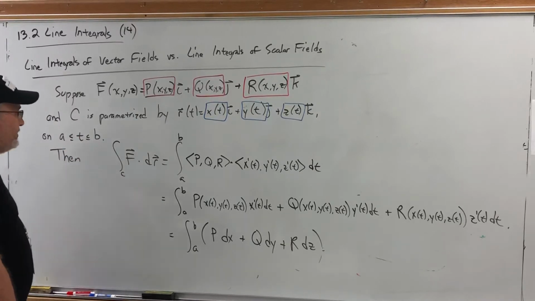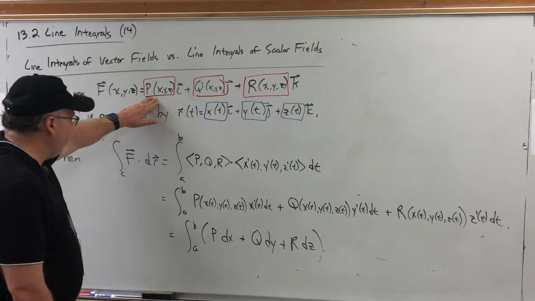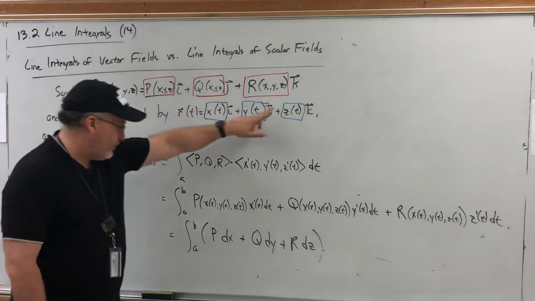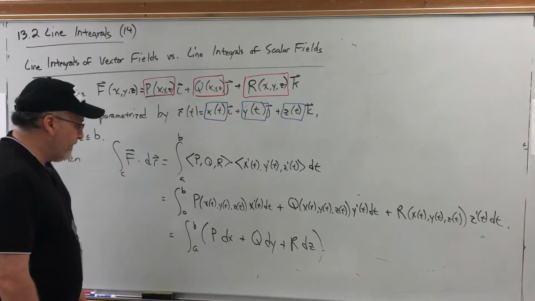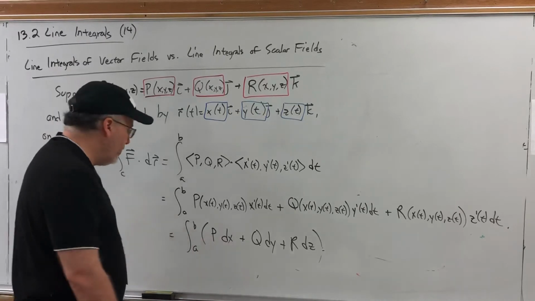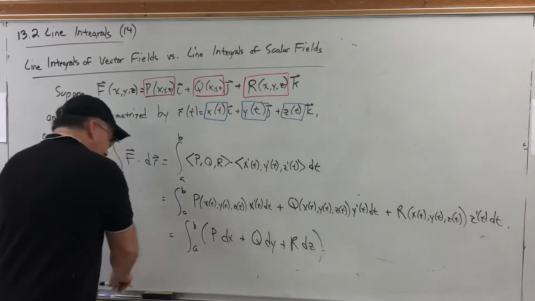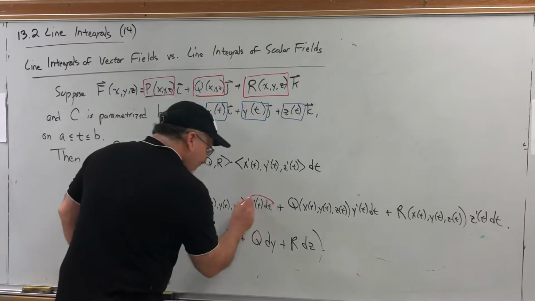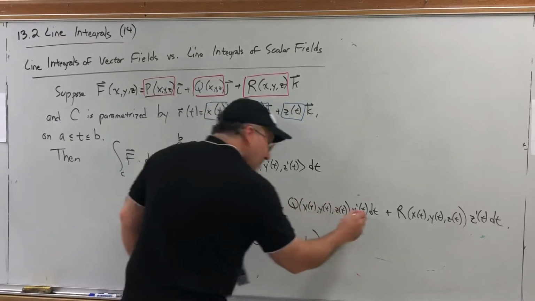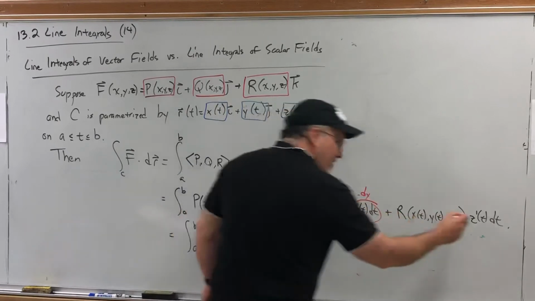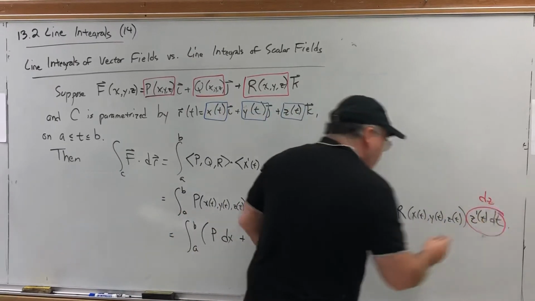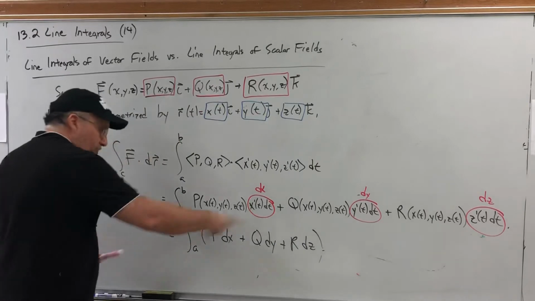We just integrate the P function, once we've changed x, y, and z in terms of their parameters, with respect to x, so we would have to multiply this times the derivative of the x function dt. Recall that this is dx, this is dy, and this is dz. So you still have to recall those things when you write this notation.